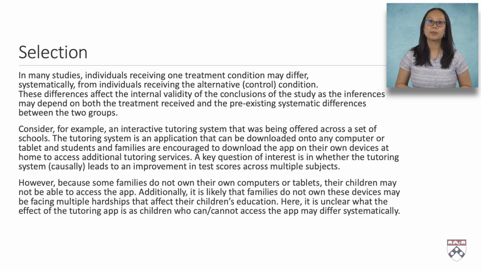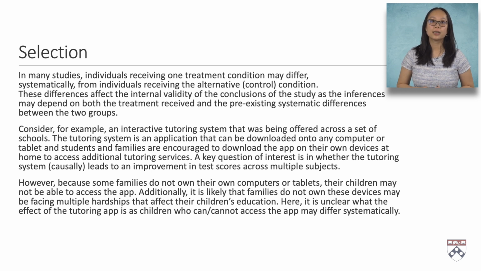However, because some families may not own their own computers or tablets, their children may not be able to access the app, and this constitutes a systematic difference in which accessibility to the app is already a hurdle that prevents some of the students from being able to use the app and its benefits compared to others.